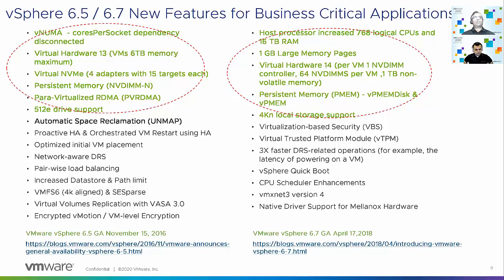The fact that now you have virtual NVMe adapters, the fact that you can now have NVDIMMs, persistent memory, allocated to the virtual machine. The fact that you can use paravirtualized RDMA, PVRDMA, and the use case here is Oracle RAC private interconnect. The fact that you have 512e drive support. I mean, the list goes on, but this is just in a nutshell. We wanted to show you some of the notable features with vSphere 6.5, 6.7.